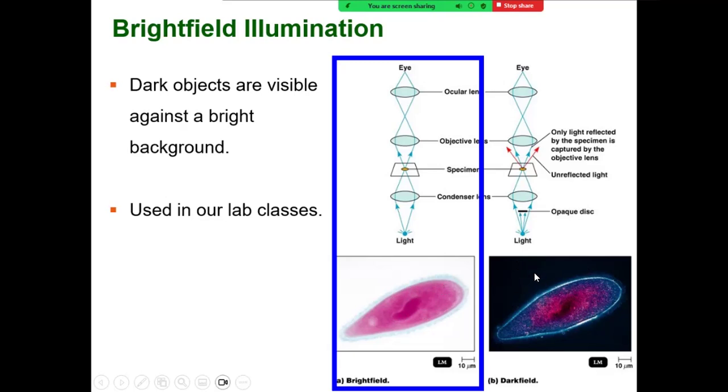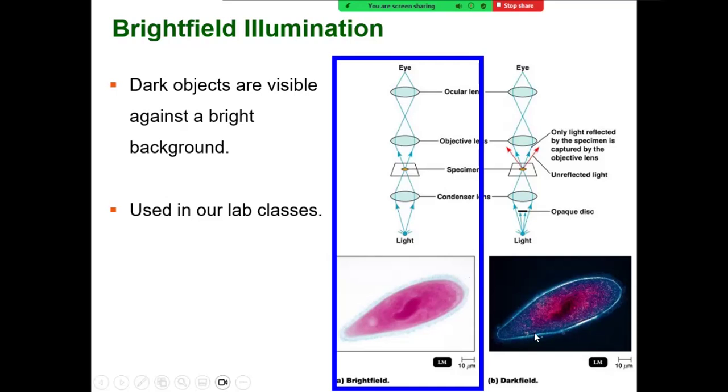It's only receiving light from the lamp at such a steep angle that most of the light is not going to be captured by the objective lens. The only light that's captured is the light that is refracted by the specimen, meaning bent by the specimen, into an angle that can be captured by the objective lens. Any question about dark field illumination?